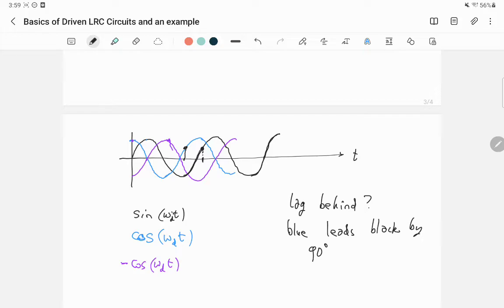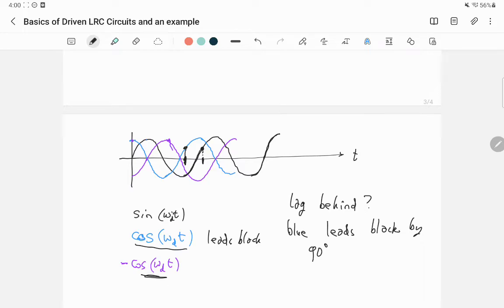Even though blue is being drawn to the left, being drawn to the left means that it happens earlier, because this is an earlier time than this. So actually, the blue line leads black.